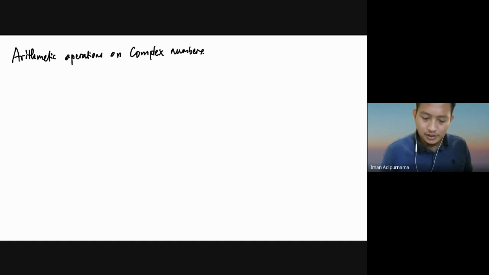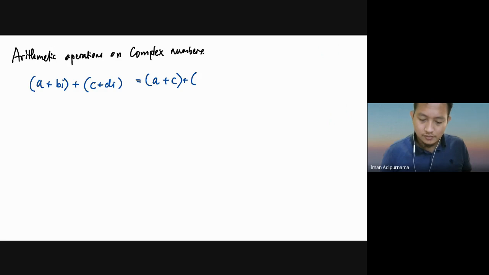For example, let this be a complex number a plus bi, and also another complex number c plus di, and we want to add both of them. The idea is quite simple.